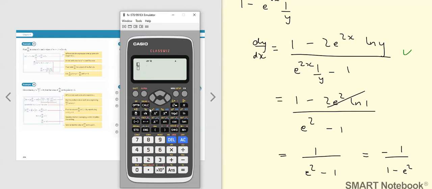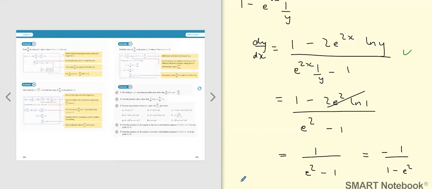Or if I typed in minus 1 over 1 minus e squared, we get the same answer. So 0.16. Either way, we get the same answer, and you should be happy with that. Does that make sense? Is everyone happy with that working out?